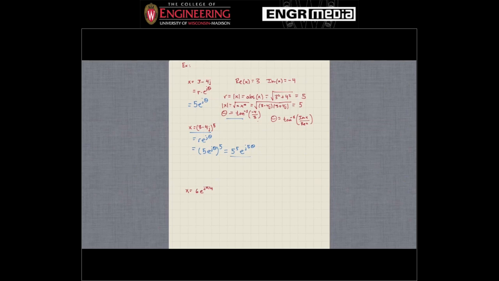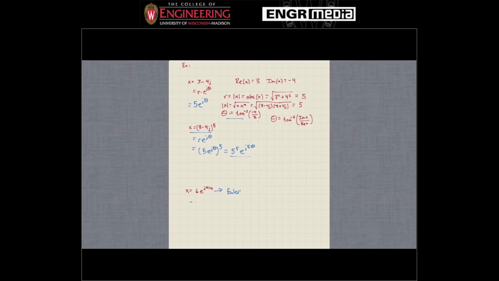All right. So the last example I want to do is just to remind you how we go back to this rectangular form. If we had, for example, x equals 6 e to the j pi over 4, well, we just use Euler's identity. Euler to the rescue.